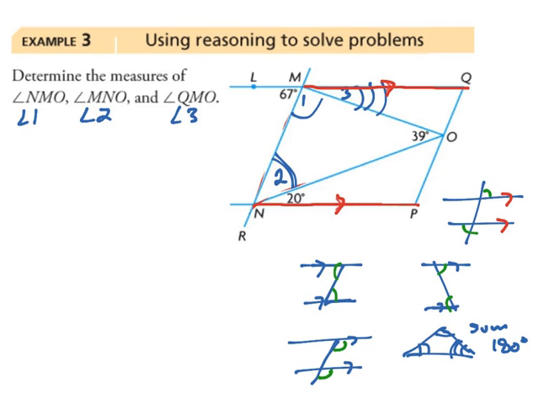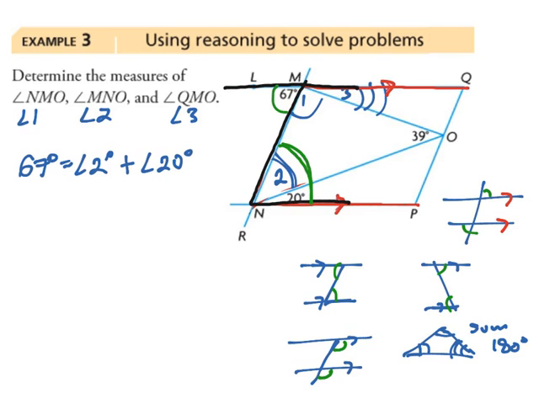So what I will attempt is I will show you that there is a Z formed right here with the two parallel lines. This tells us that the 67 and this entire angle right here are interior alternate. These two angles are equal. So 67 is equal to angle 2 plus angle 20.